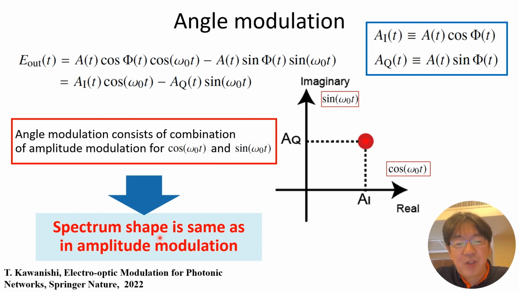So the spectrum shape is same as in the amplitude modulation. In other words, in the angle modulation, we also get the finite bandwidth signal through the frequency modulation or phase modulation.